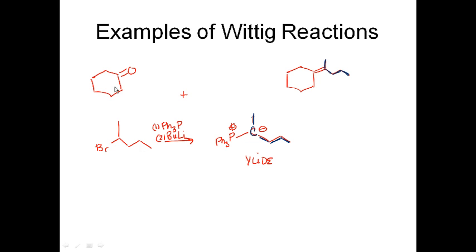What you have to realize with organic synthesis is that typically we don't work with really simple molecules. People may have 20 or 30 carbons in the ylide and another 20 or 30 carbons in the ketone portion, and they want to bring those two large pieces together through a double bond.